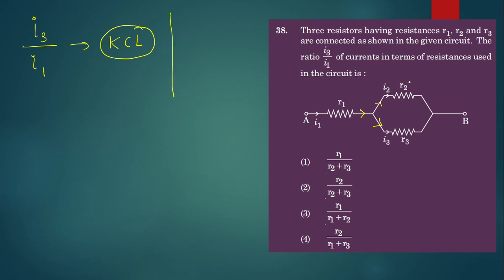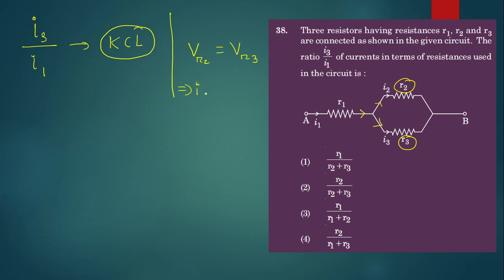Secondly, R2 and R3 are parallel to each other. Whenever 2 electric components are parallel to each other, the electric potential drop across them will be equal. So I will start from this point. Electric potential drop on R2 is equal to electric potential drop on R3.